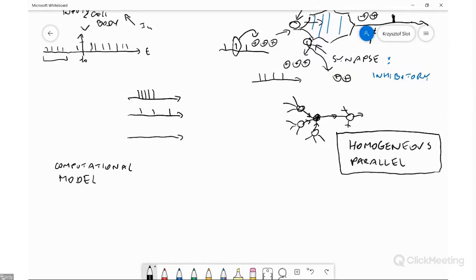So I told you that in biology, this information can be thought of as something encoded in firing rate. Firing rate is something that encodes information. If a neuron is very active, it means that its stimulus is very strong. We have neurons everywhere in our data processing circuits, including sensory neurons.